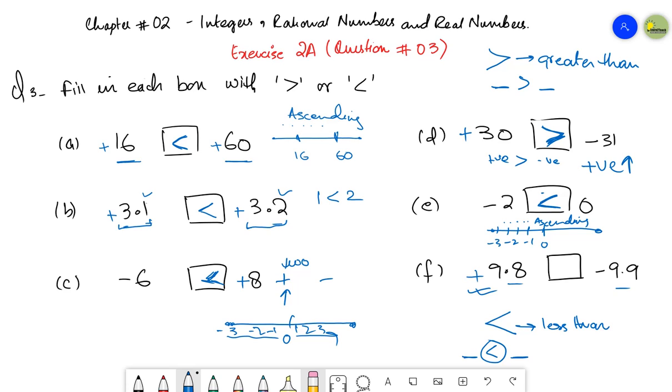No. In this case, you need to see the signs first. If one number is positive and the other is negative, you need to say that the positive number is always greater, no matter what its amount is or what the number itself is. If it is a positive number, it is always greater than the negative one. So I'm going to use 9.8 is greater than minus 9.1.